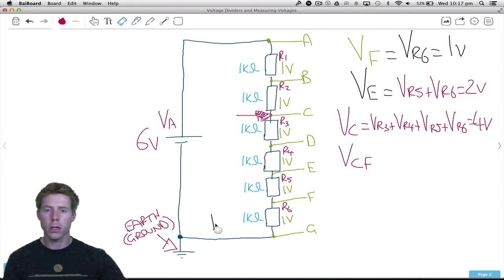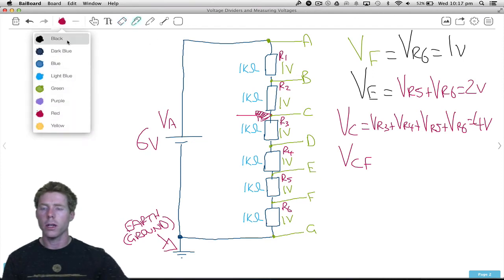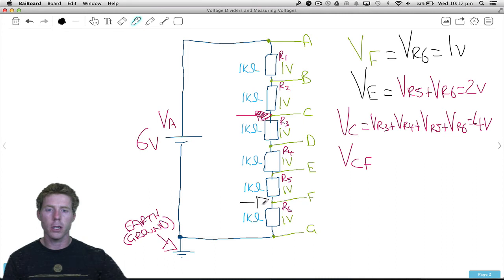So let's get rid of this guy. Let's get up a black connection, and again this will line up with our multimeter leads in a later tutorial. That's my reference point. What is F sitting at? Well, F is sitting at 1 volt, because we already worked that one out before. What is C sitting at? Well, C is sitting at 1, 2, 3, 4 volts.